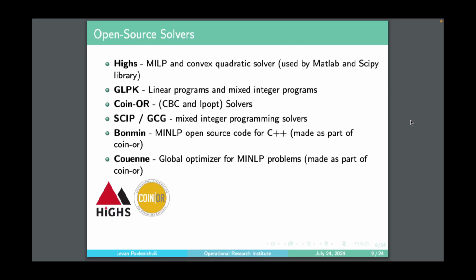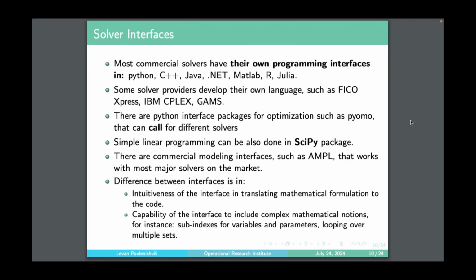Solver interfaces. For most cases, for data science applications, for example, you might not have to deal with the solution method. You might just want to know a solver and know an interface. Most of the commercial solvers now have their own interface package, developed in Python, C++, Java, .NET, MATLAB, R, and also a famous language, Julia, which is very good for optimization.